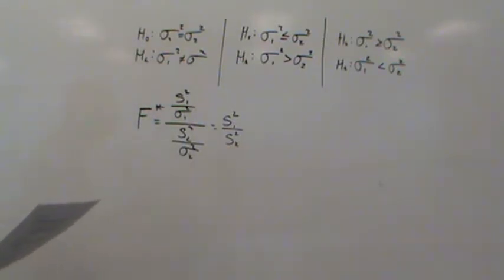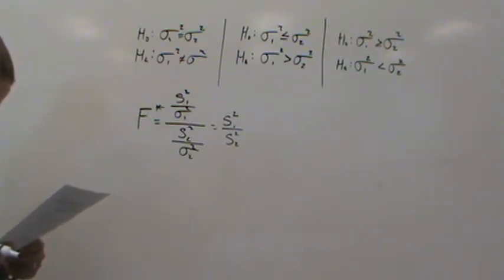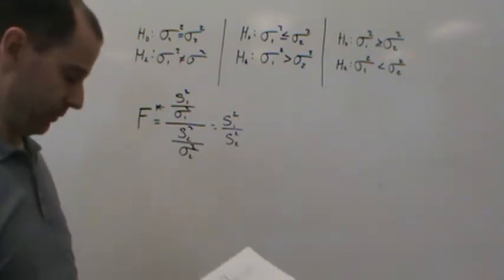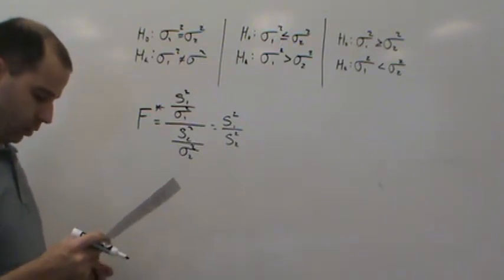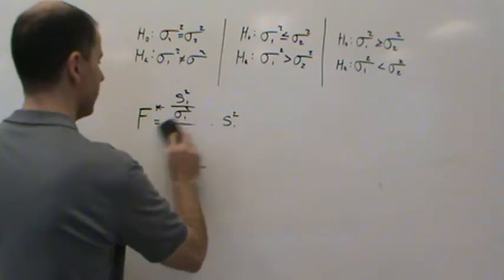Now, how do we find our critical values? We're going to have to use the F table. Just like we did before, the critical value determines our rejection region, whether it's a left-tailed, right-tailed, or two-tailed test.